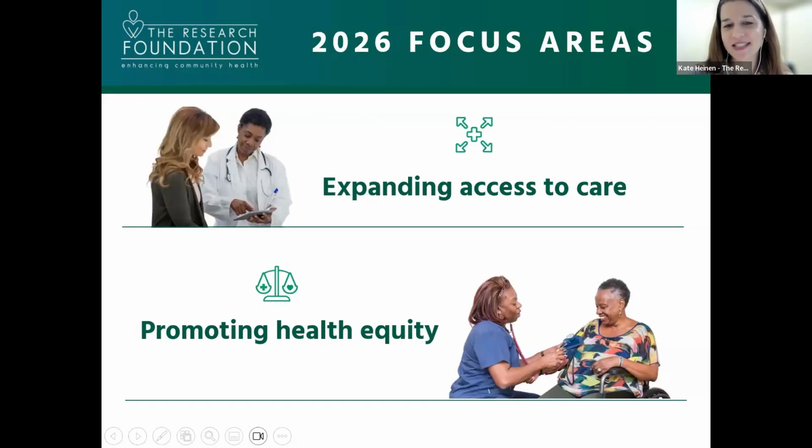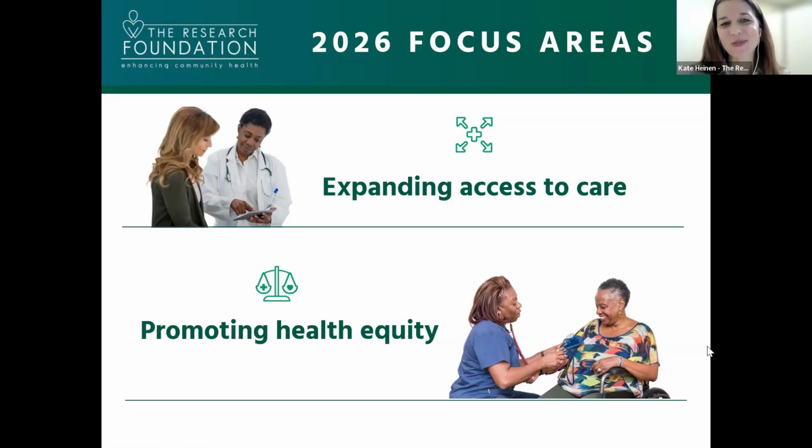So these are our two focus areas. They've been our two focus areas for the last couple years. Some of you may remember in year one and year two when we had a third focus area. But just like last year, we have the two focus areas. You only need to choose one. In fact, you can only choose one in the application.